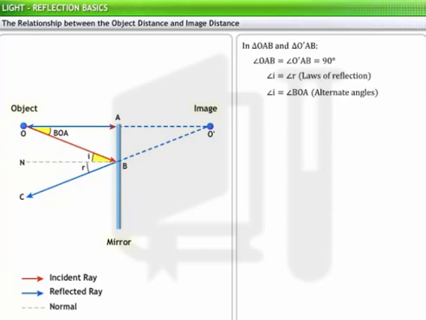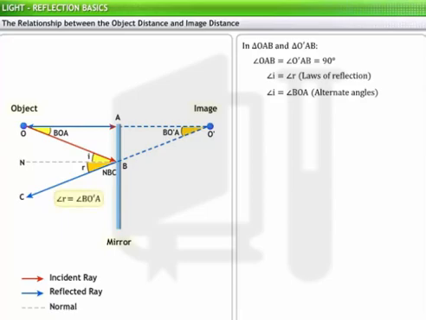Angles in similar locations with respect to a transversal on two parallel lines are called corresponding angles and are always equal. Here, angle NBC and angle BO dash A are corresponding angles.